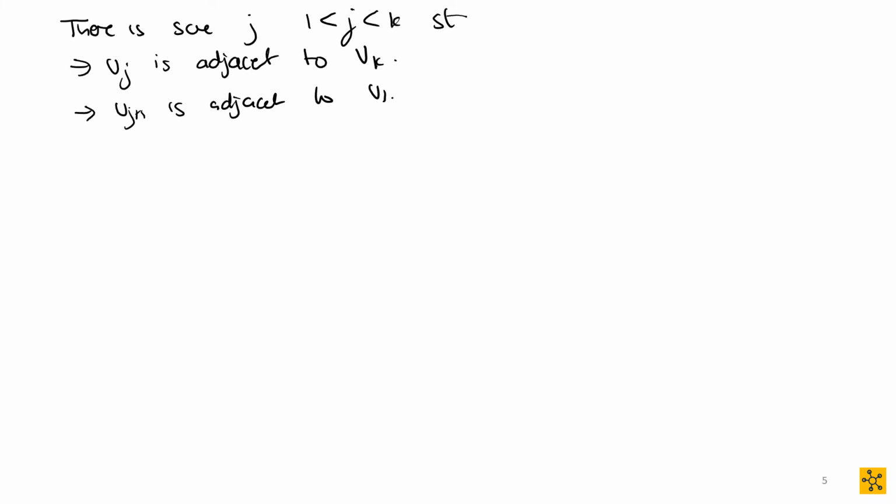So we have shown that there is a contradiction if we assume this to be untrue. When we did this, we showed that if this was untrue, we would end up with a path which has more vertices than the graph.